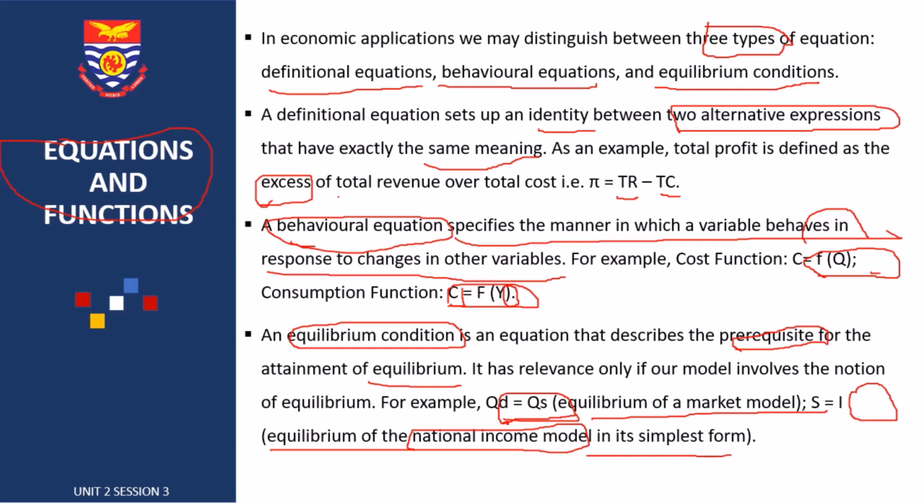Now, if the relationships we have discussed are systematic, in the sense that a given value for one variable always results in the same unique value for the other variable, we say that the one variable is a function of the other.